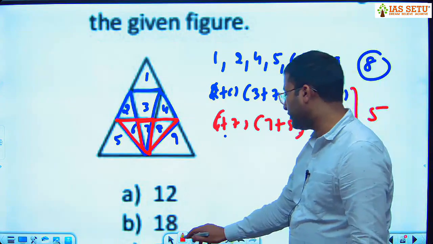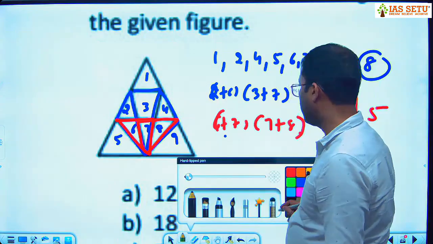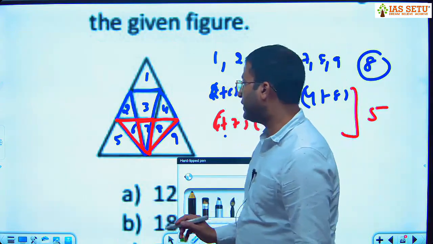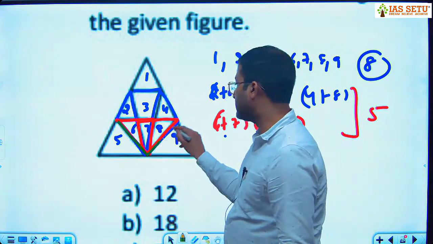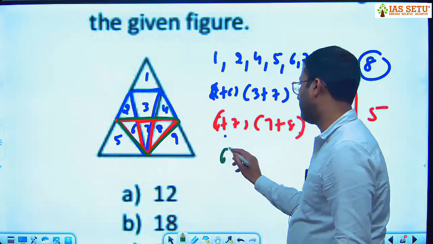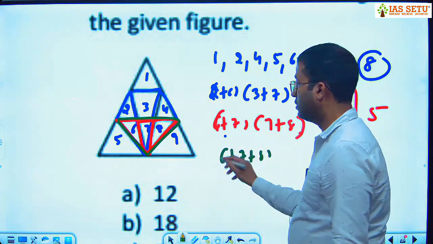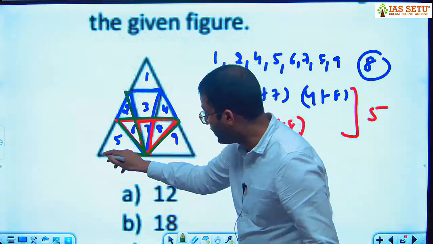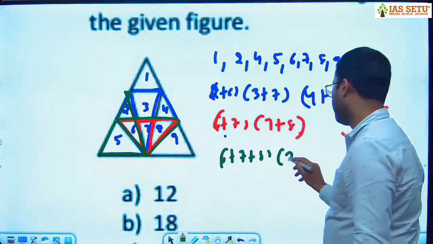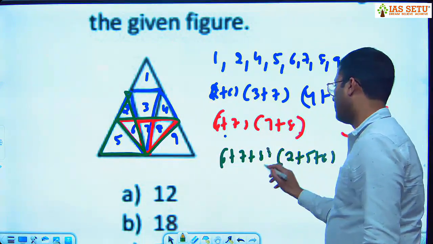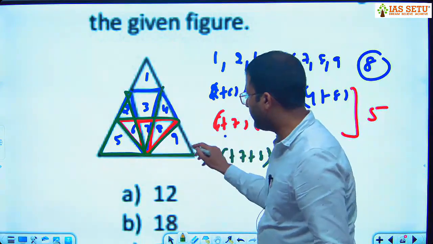Then we take 3 numbers at a time. 3 numbers at a time, 6 7 8, 2 5 6, similarly 4 8 9.